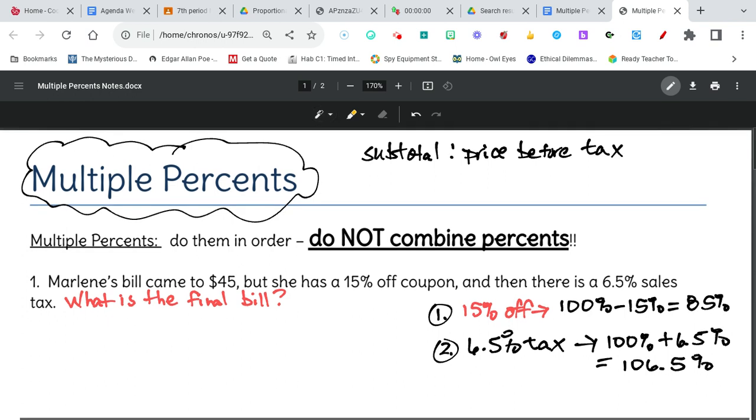But you might also have received some discounts. So suppose you buy a pair of pants and the pants cost you $70, but you have a 20% discount on them. Well, just because you still have to pay tax doesn't mean you don't get your discount.